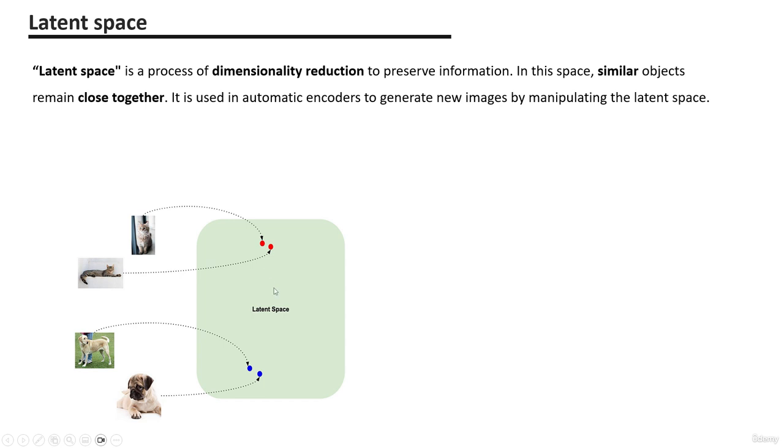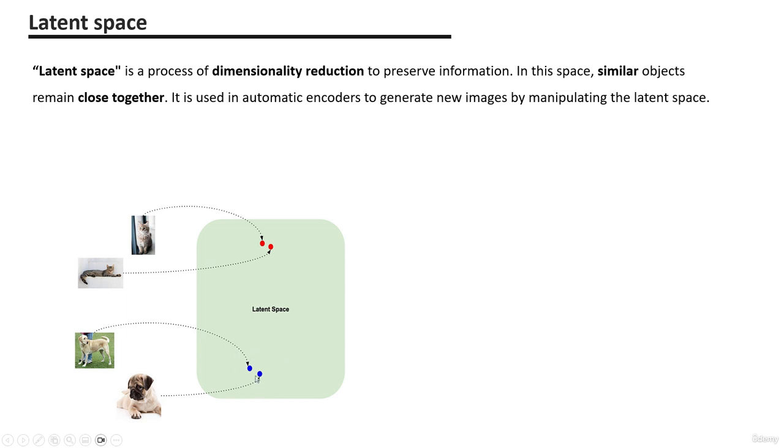We aim to reduce these images into points. Depending on the image size, there will be thousands of data points for each of these images. These points need to be reduced in such a way that they remain representative of the original images. In the latent space, similar images, represented by a series of points, should be close to each other.